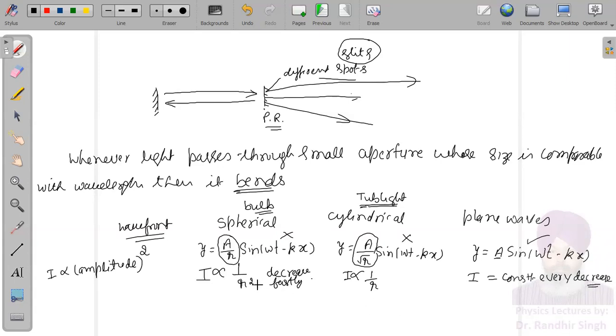Is it okay? The wave fronts of a spherical source travel like this, and in case of a line source, the wave fronts travel like cylinders.